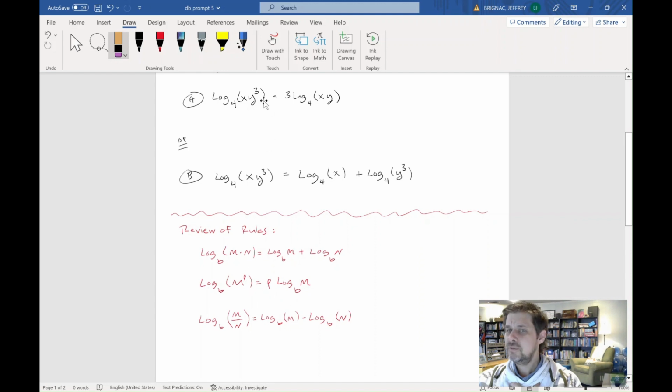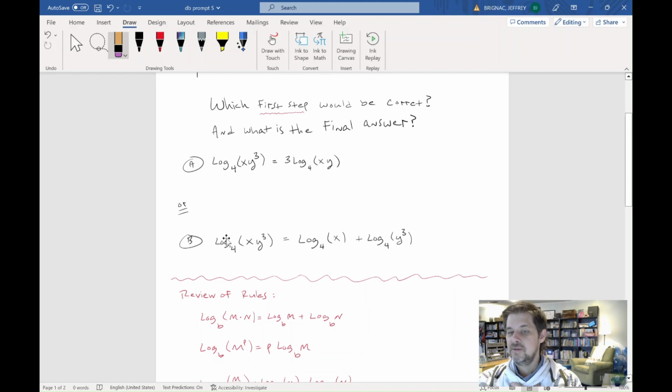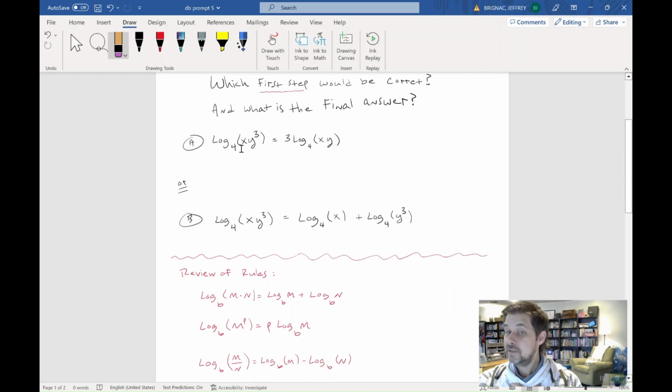Those are the two rules somehow involved in simplifying this, because we have multiplication, x times y to the third power, and we have a power because we have y to the third power. The difference here is the order. Here I'm thinking, well, I've got the power, and the rule says I can bring the power out front. So can I take that 3 and put it out here, as this rule seems to suggest? Is that the right first step?